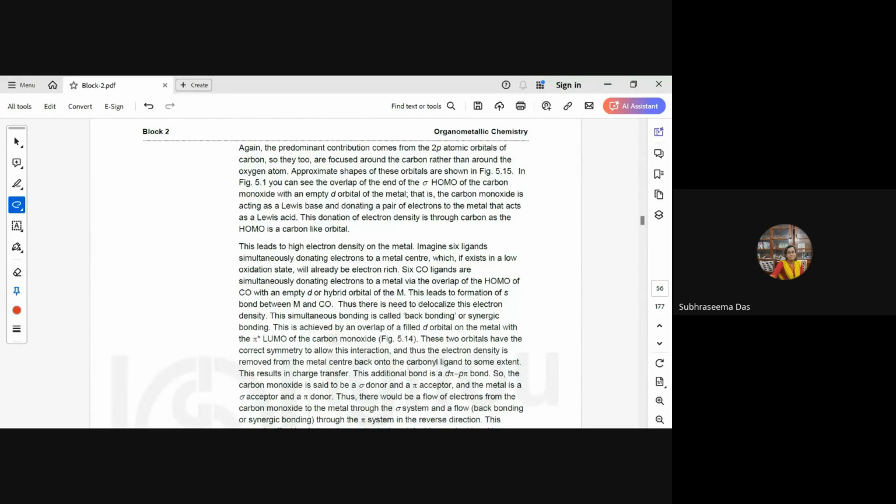Predominantly, because the contribution comes from the 2p atomic orbitals of carbon, the approximate shapes are decided on this.